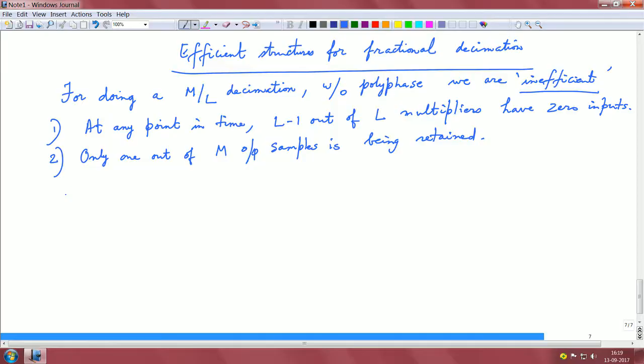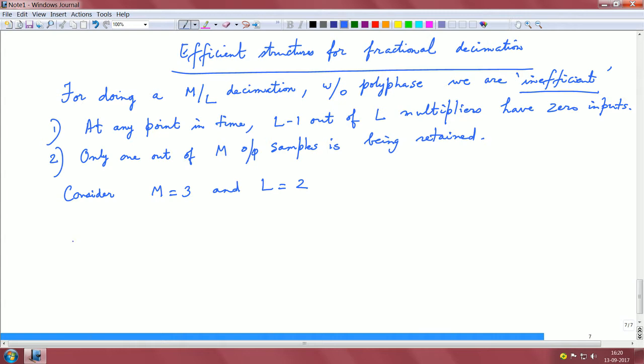Now let us consider an example here. Suppose M equals 3 and L equals 2. We have studied polyphase decomposition, we have studied Noble identities. Let us see what we can do.